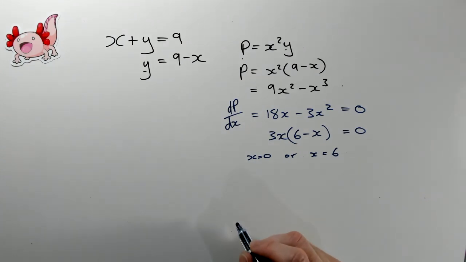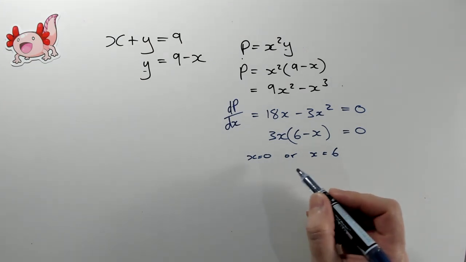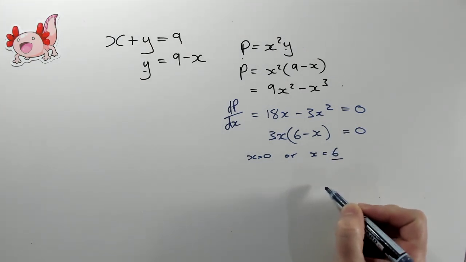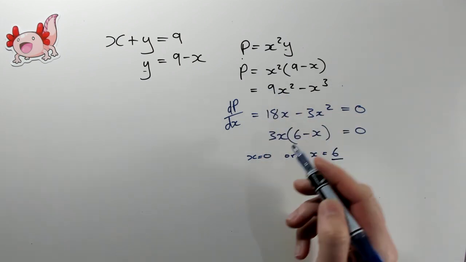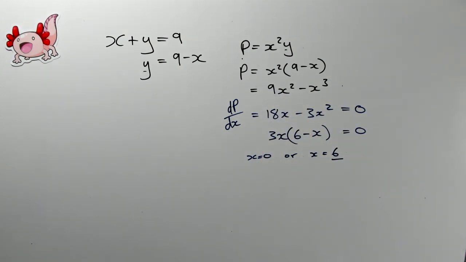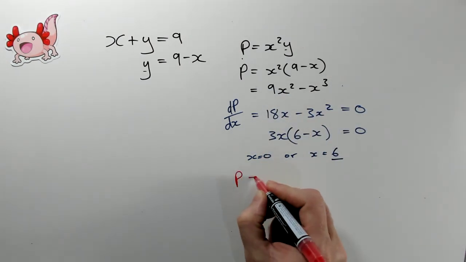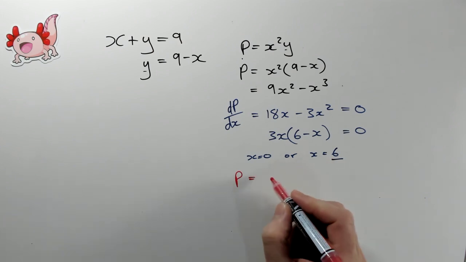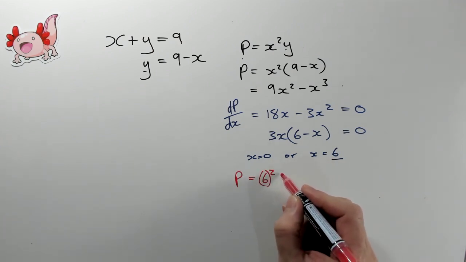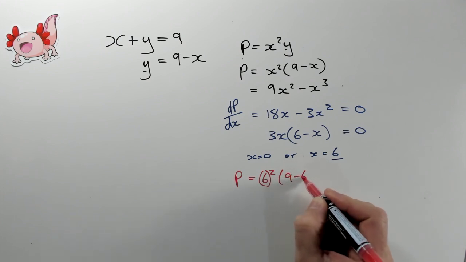Next, we have to find the maximum value, so we have to input the x into our function. Let's do that in a different color. We have p is equal to x squared. So I'm going to put in 6 squared, in brackets, times 9 minus 6.